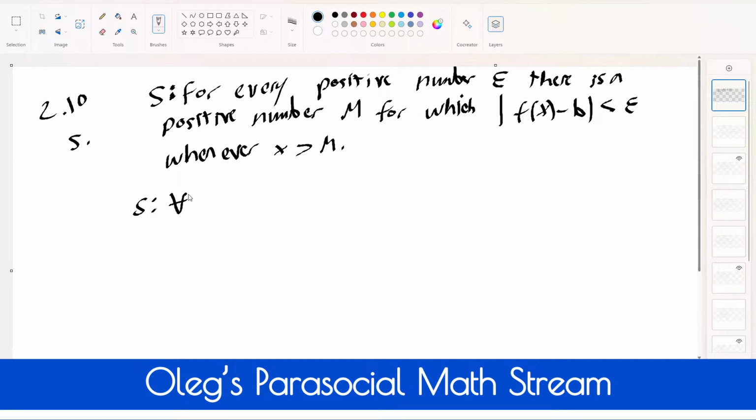For all epsilon, now the way they did it here is they constrained it, and it ranges from 0 to infinity.